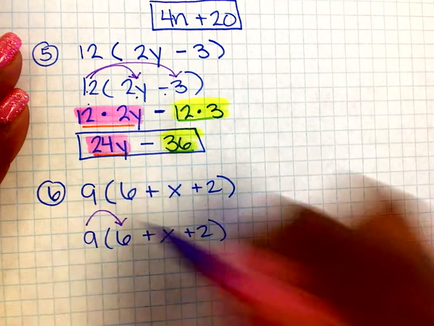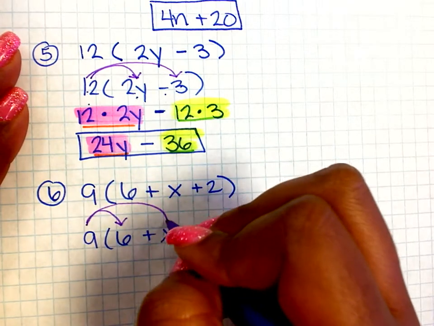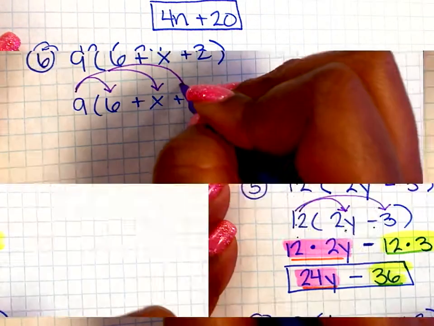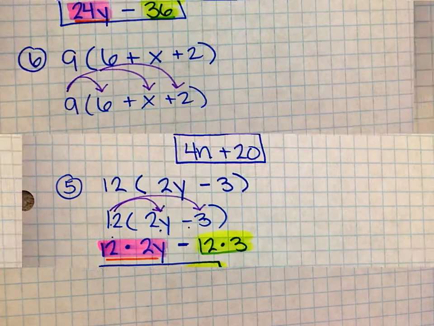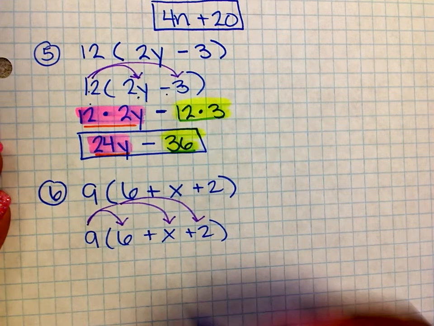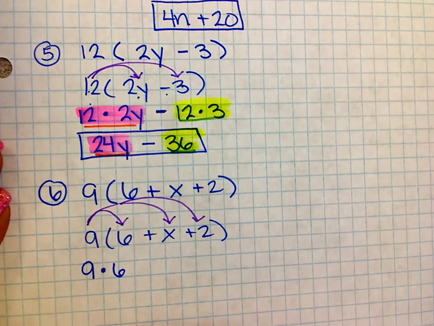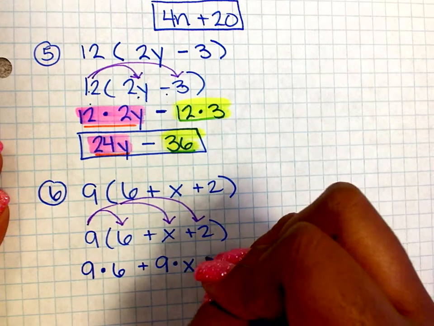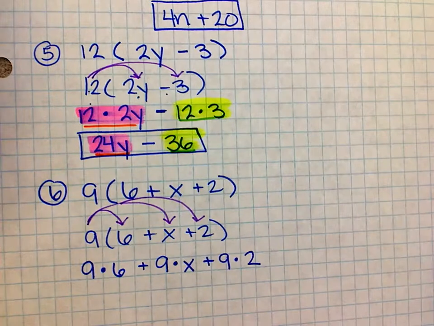Alright, so I will do my arrows. 9 times 6, 9 times x, and I will also do 9 times 2. That's why I tell you that arrows help. So I'm going to have 9 times 6 plus 9 times x plus 9 times 2.